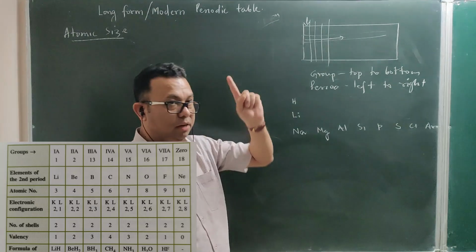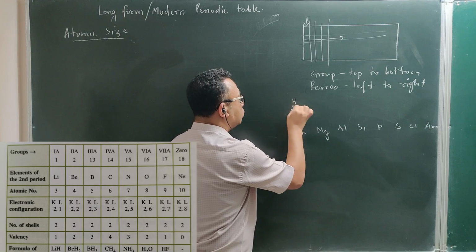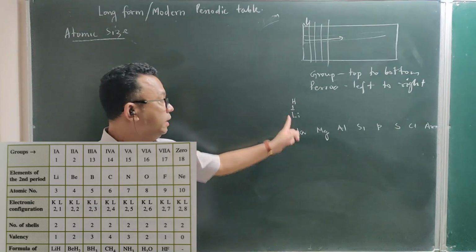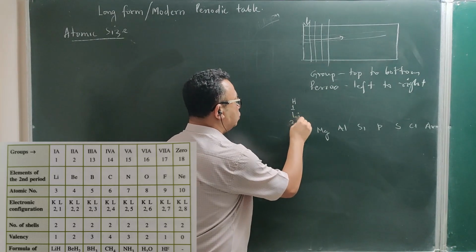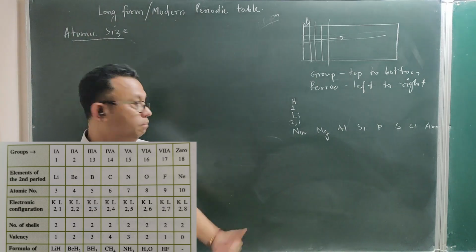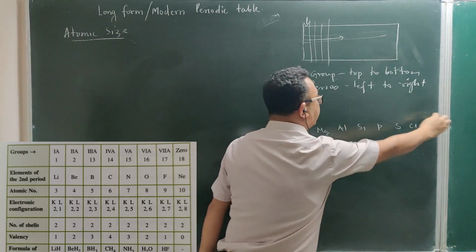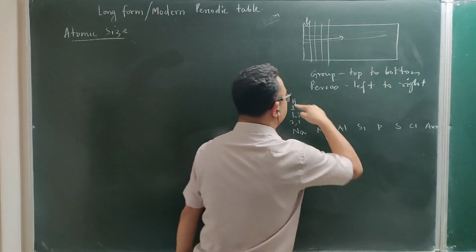Don't forget hydrogen is the first element, so its atomic number is 1 and its electronic configuration is 1. Helium is 2, then lithium is 3, so configuration is 2, 1. The first shell is 2, the second shell is 1. Then you have 8 here, which makes it 10 total, 8 plus 2.